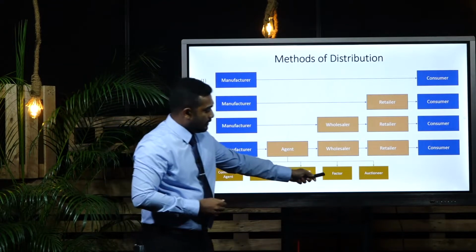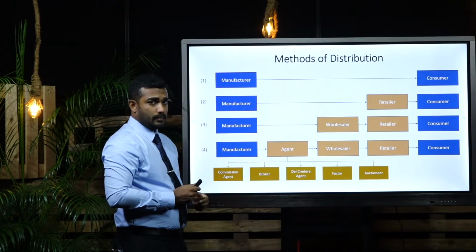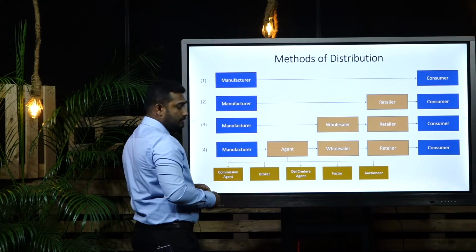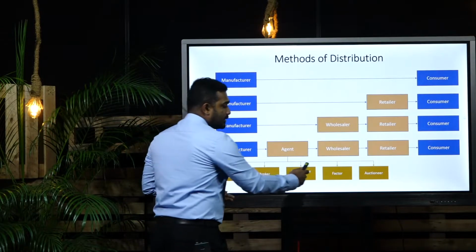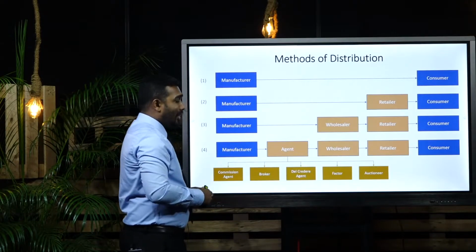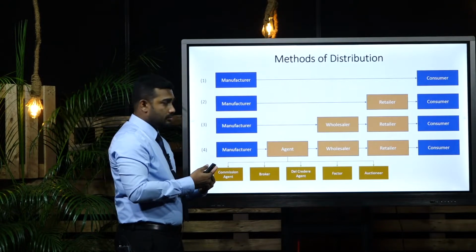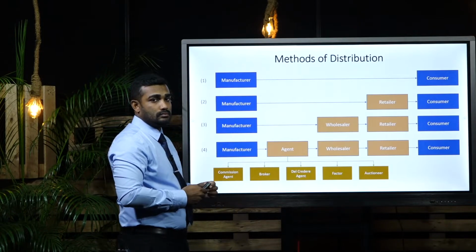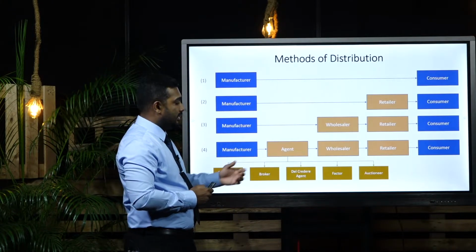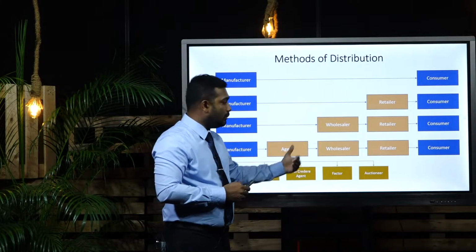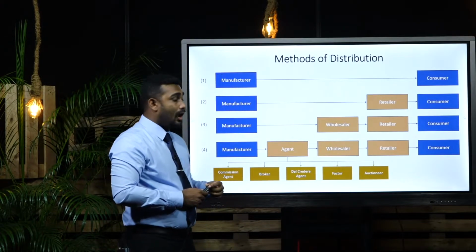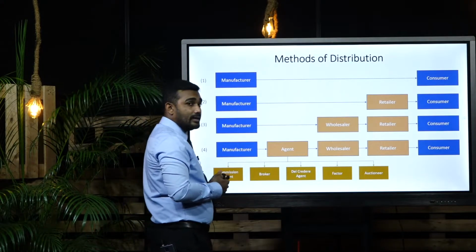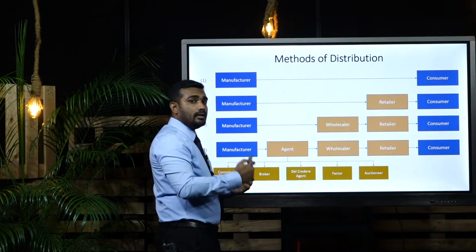Then the factor agent. What is this person or entity going to do? This entity will sell the products on credit to the immediate buyer, and also takes the responsibility of recovering the money.